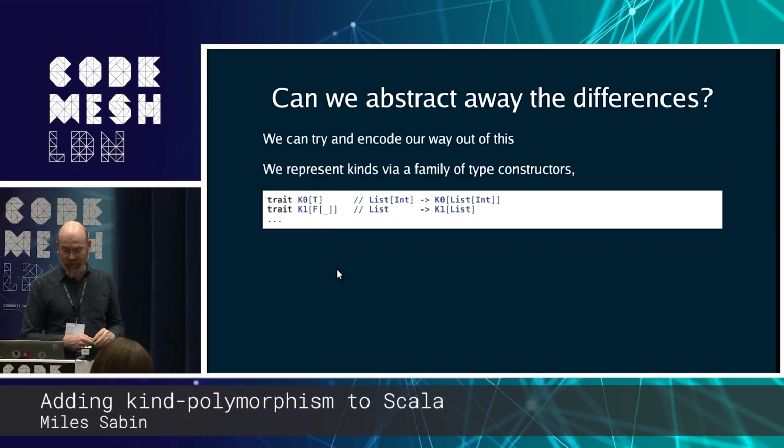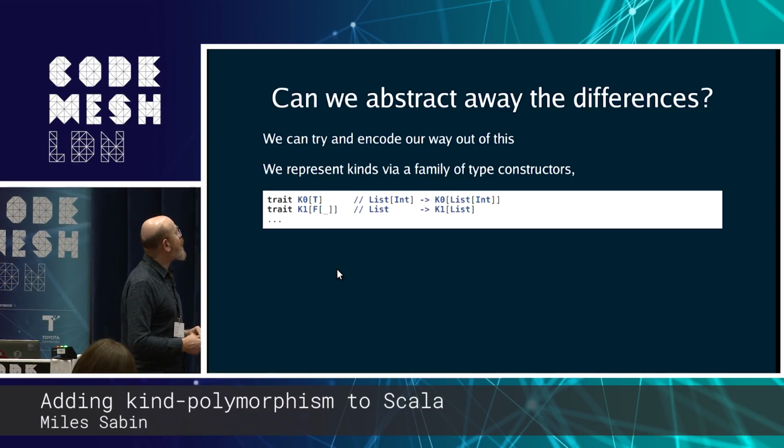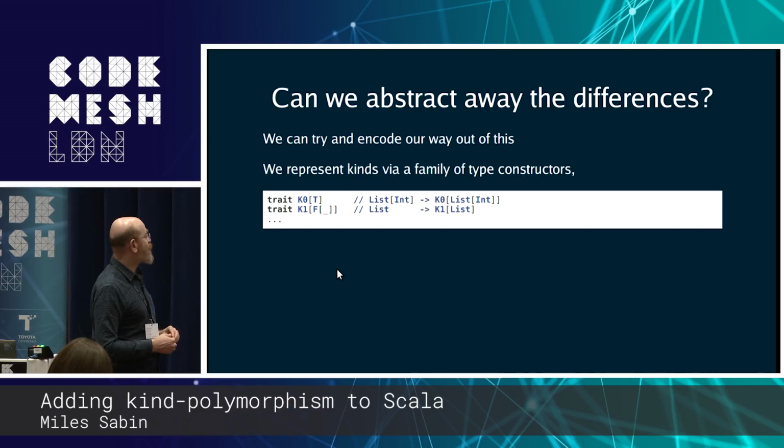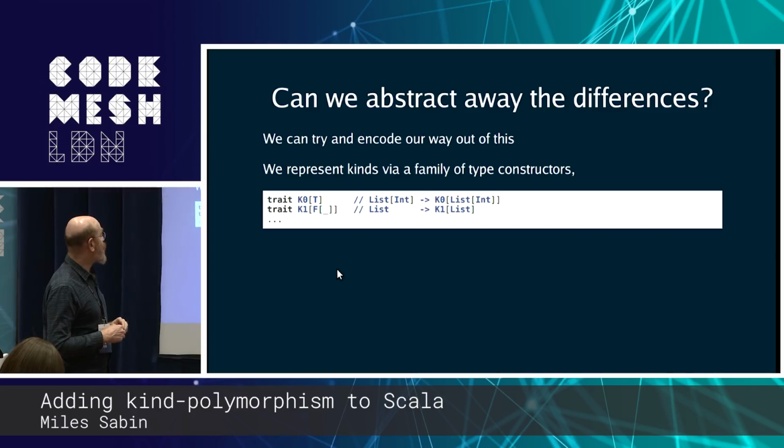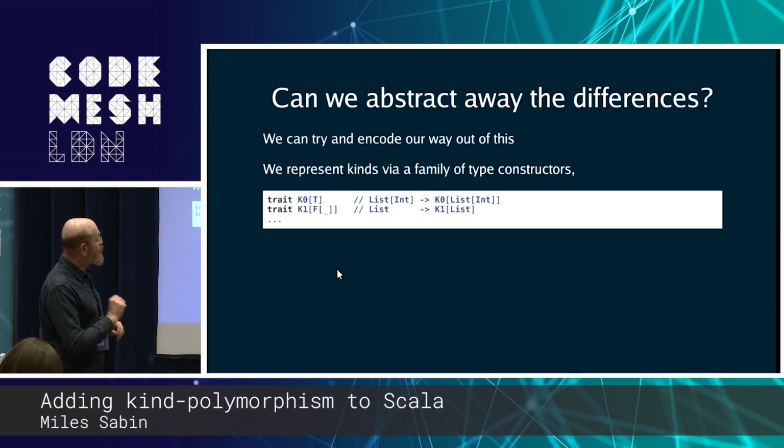So what we can do, though, is try and encode that by embedding our type constructors in something which captures the idea of the kind. So we're going to end up with duplication, but we've moved the duplication to one place rather than it being everywhere. We'll capture the idea of making kinds first-class things, and then we just pack our types into them. So we can have K0 for types of kind star, which is going to take a T. We can have K1, which is for types of kind star arrow star, which is going to take a T which takes a type parameter.